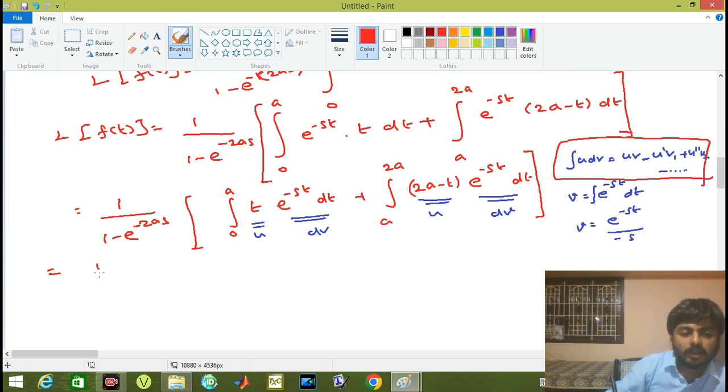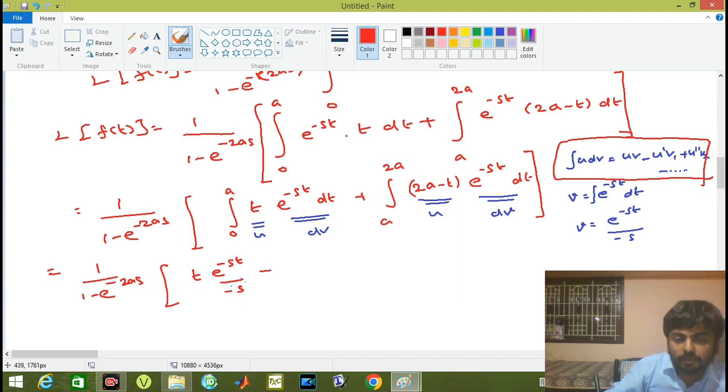Okay, see, 1 by 1 minus e power of minus 2as into, this will become uv. What is u? U is t. What is v? E power of minus st by minus s. So uv minus u dash v1.